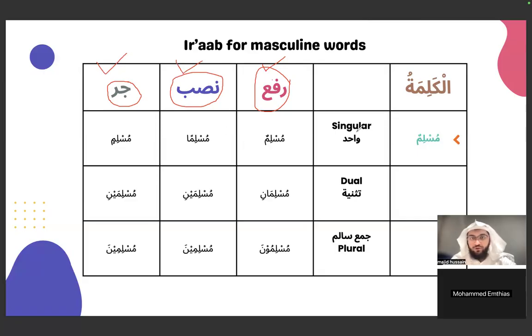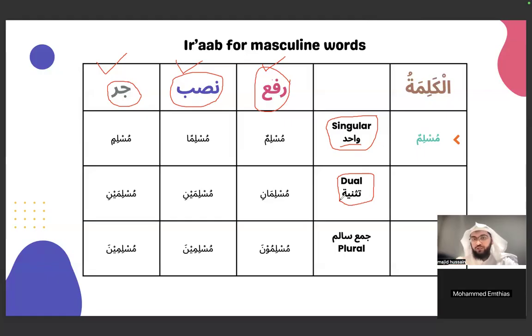And also in the Arabic language, we have singular words, which we call Wahid. Wahid means singular. Then we have Tathniya, meaning dual. Like in English, we have singular and plural. We don't have anything in between. But in Arabic, we do have. We have singular, then dual, and then we have Jama, plural.